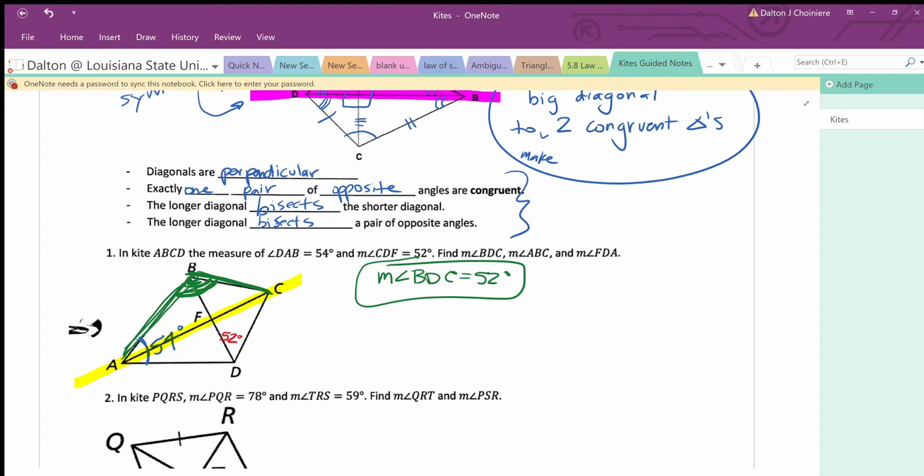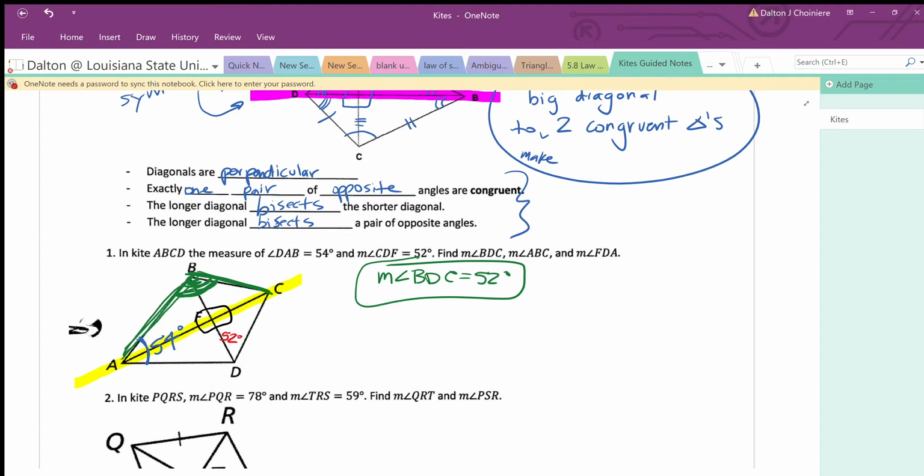The other thing to remember about a kite is that these four angles in the middle are all 90 degrees. You have a couple different ways that you could solve this problem, and I'm only going to show you one. If you want to solve it a different way, know that there are a few others. Here's one option.